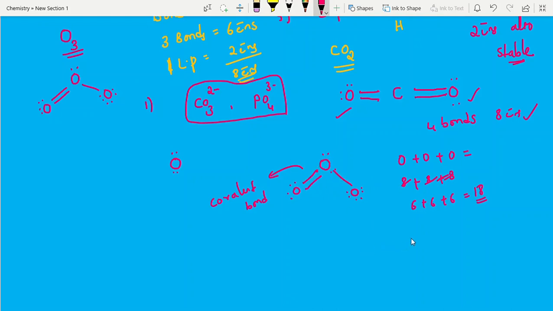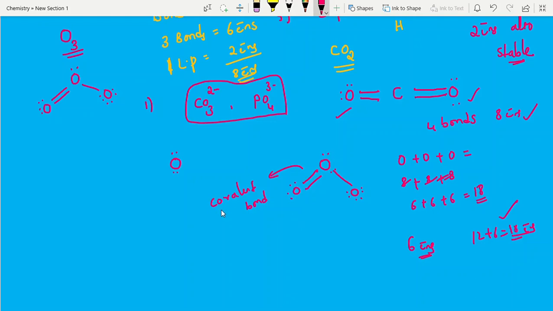Three bonds means how many electrons, students? 6 electrons, right? And next, 1, 2, 3, 4, 5, 6, 7, 8, 9, 10, 11, 12, 12 plus 6, totally 18 electrons. That's all. This is the O3 molecule structure.